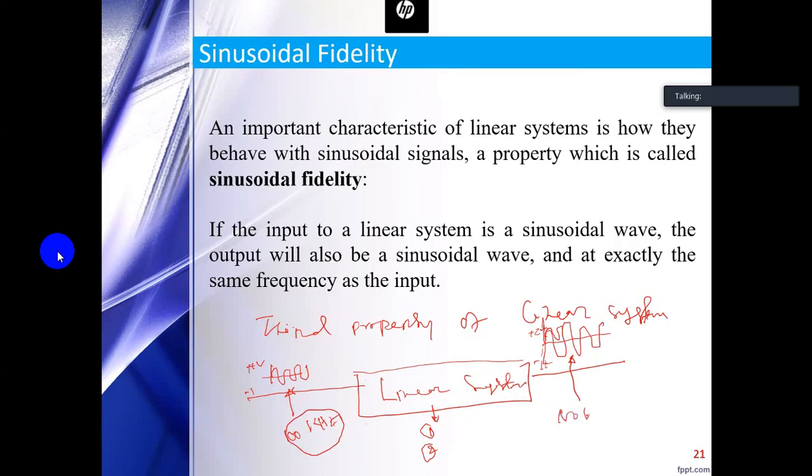That means it is working as an amplifier, a linear system of course. An amplifier has one more property, which is sinusoidal fidelity. That means for a sinusoidal signal, its frequency should not be changed at the output. Amplitude may be changed, but frequency should be as it was at the input.